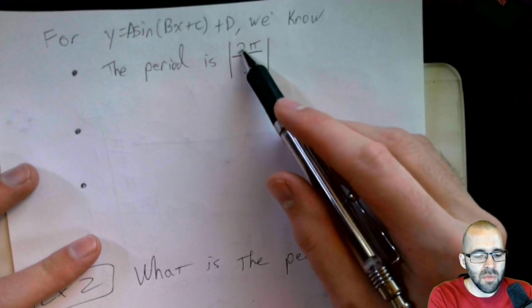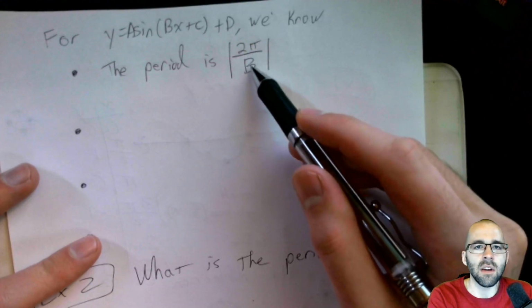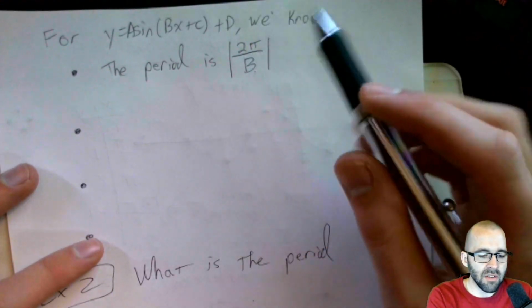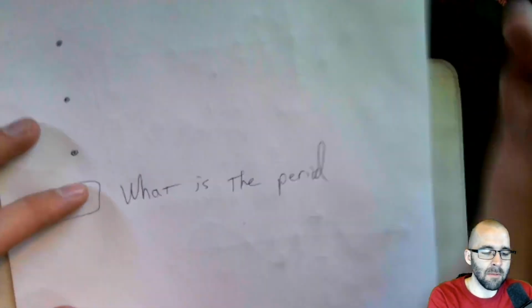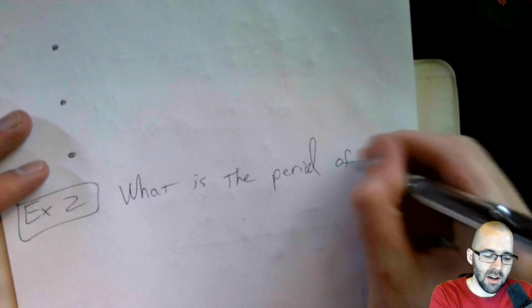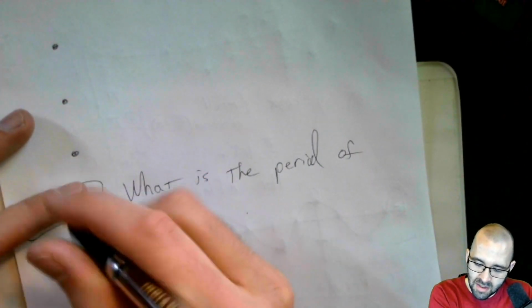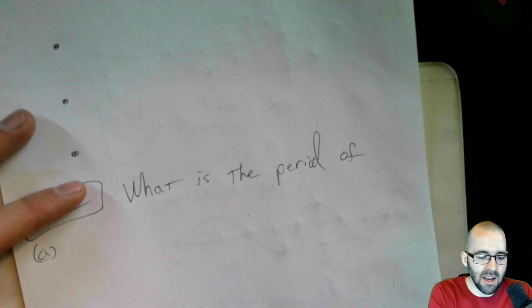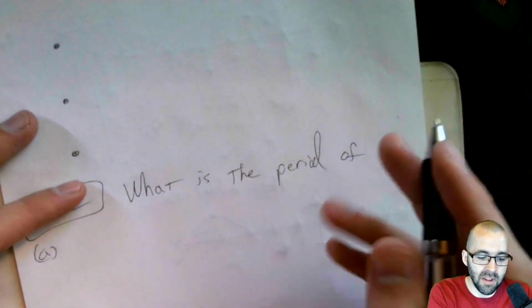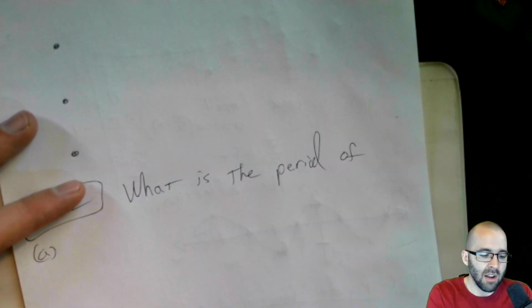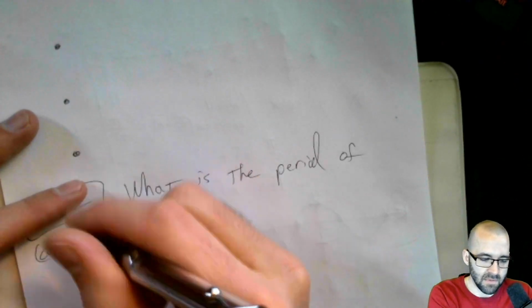But all we do is just divide the normal period by b. Normal period divided by whatever that coefficient's going to be. So what is the period of, let's look at a couple ones. As I'm writing these down, I'm going to write down all 3 before we go through the answers. Think about how you'd solve the period.